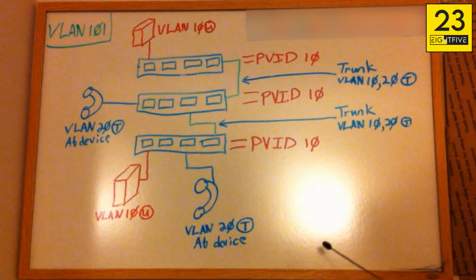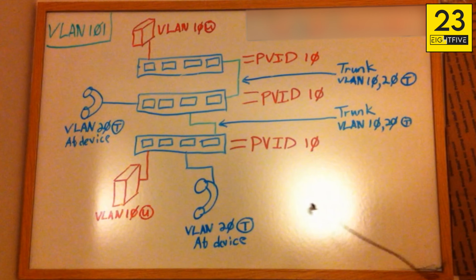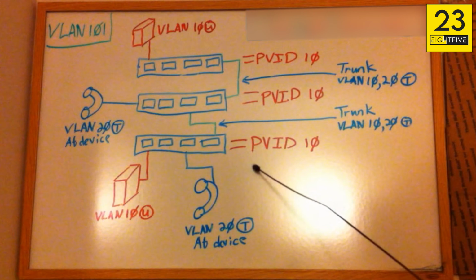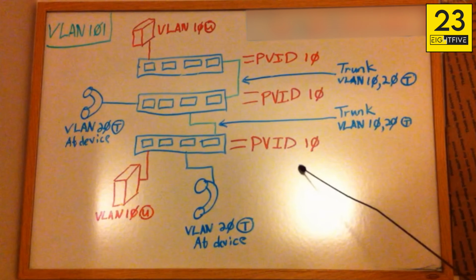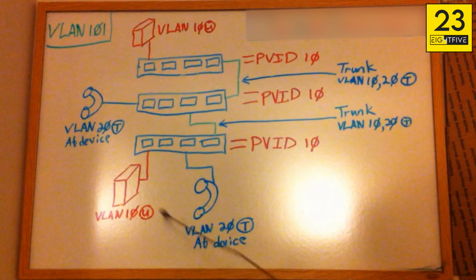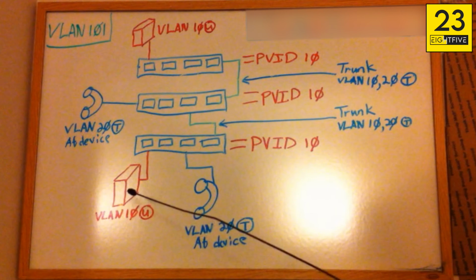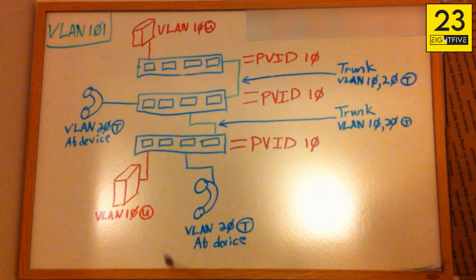I feel this is a pretty basic understanding of VLANs itself, like a couple definitions: PVID, port VLAN ID. This will be your default VLAN ID for any given switch. You've got to remember, 90% of regular computers aren't going to have VLAN awareness.